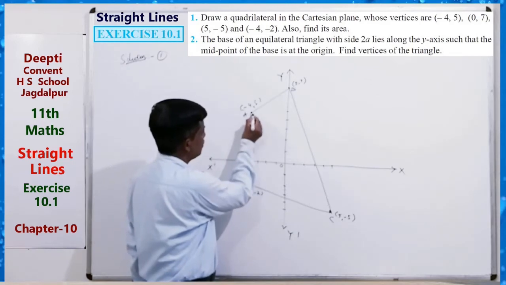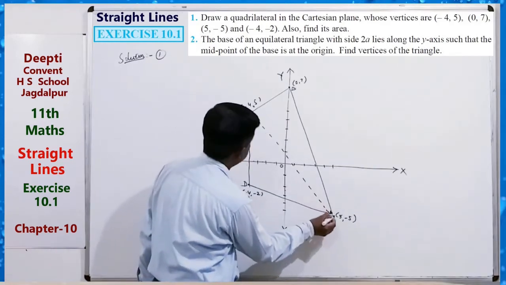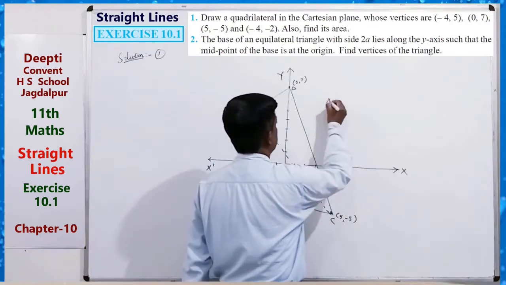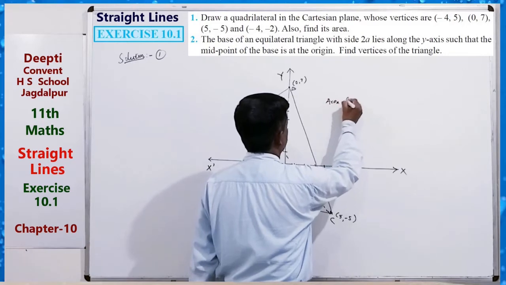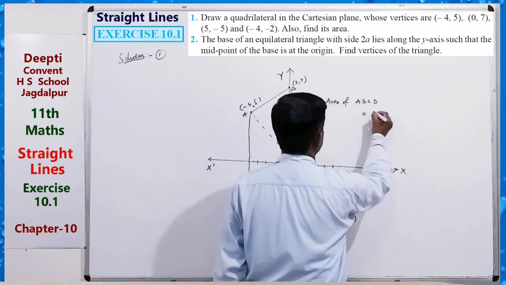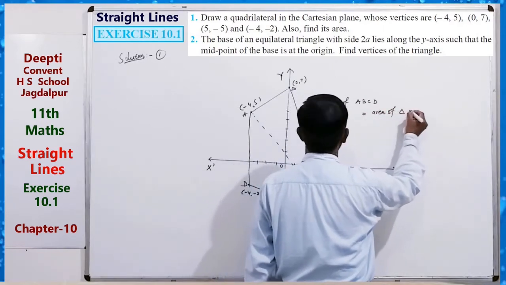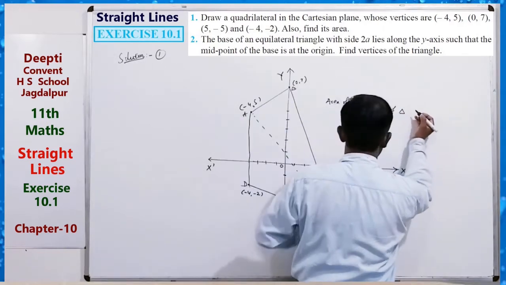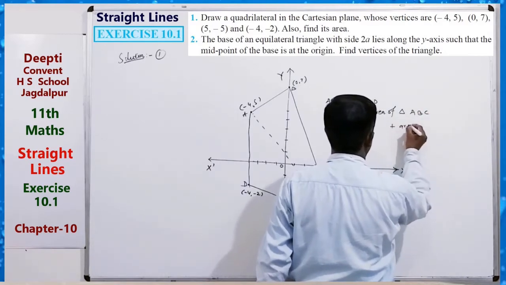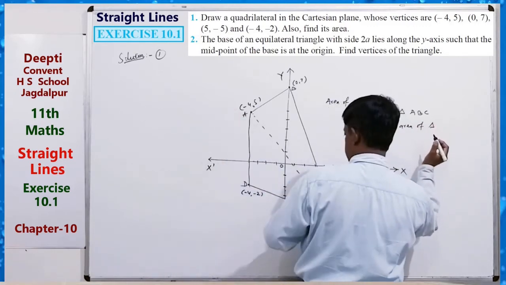Suppose we join A and C. Then the area of quadrilateral ABCD is equal to the area of triangle ABC plus the area of triangle ACD.